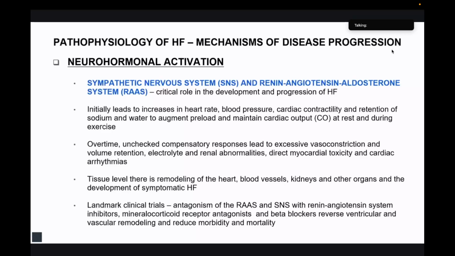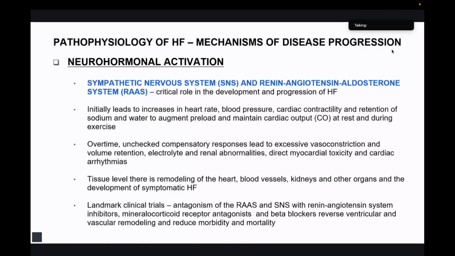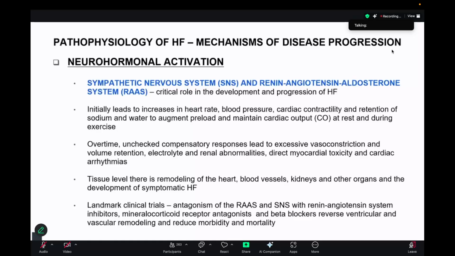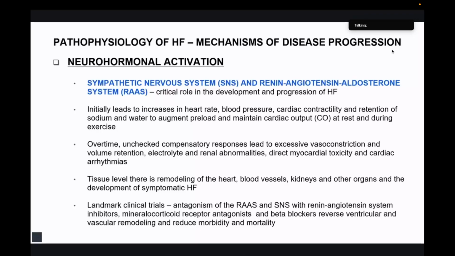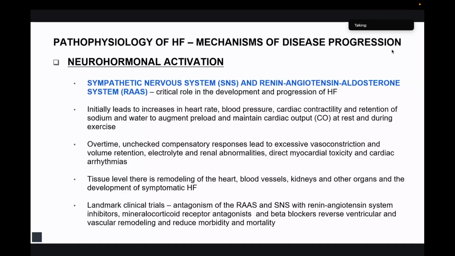Over time, these compensatory responses become unchecked, which can lead to excessive vasoconstriction and excessive volume retention, leading to electrolyte and renal abnormalities. It can also result in direct myocardial toxicity as well as cardiac arrhythmias. At the tissue level, there is already remodeling of the heart, the blood vessels, the kidneys, and other organs, which result in the development of symptomatic heart failure.